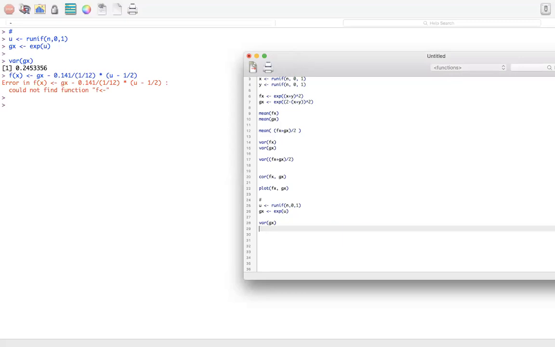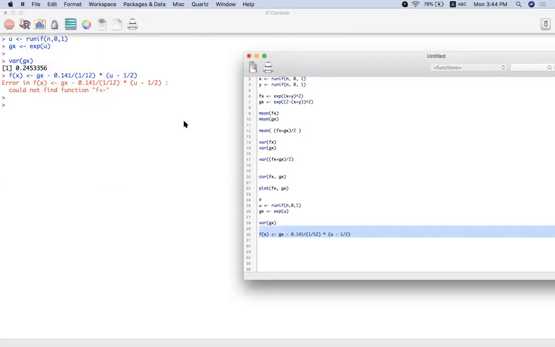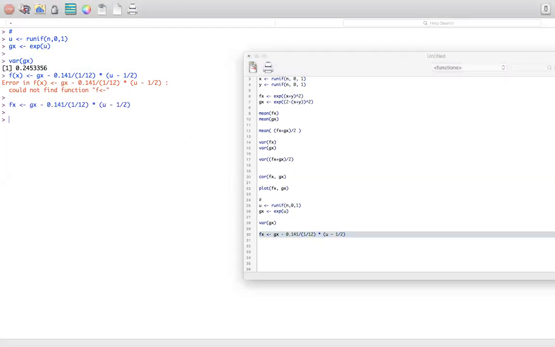Sorry, it's just F(x), there's no bracket. If you put a bracket, it thinks F is a function. Sometimes this happens. Then you can compare. You can find out the variance of F(x), 0.04.